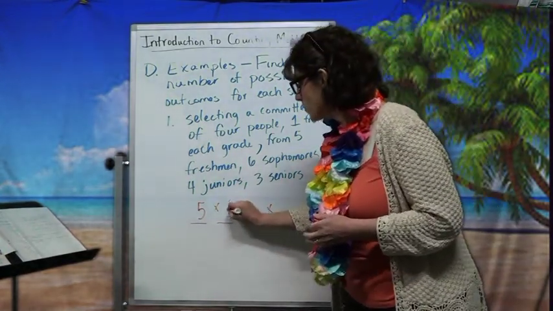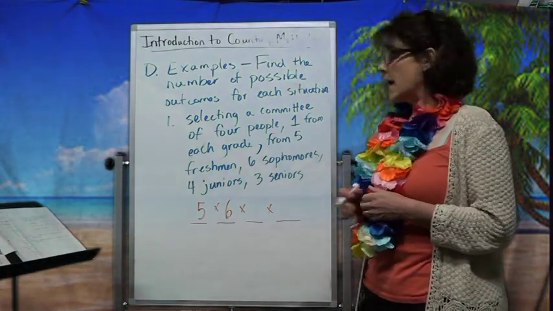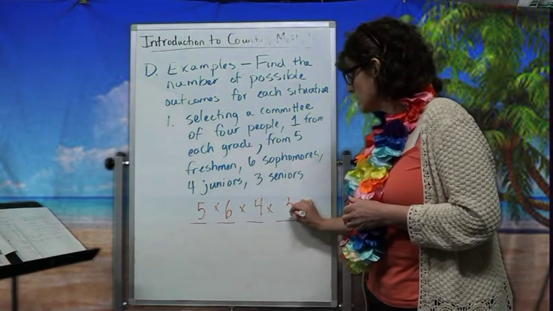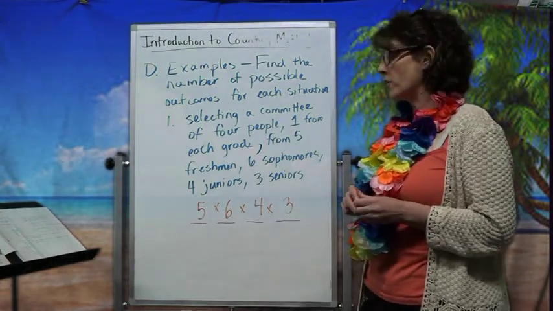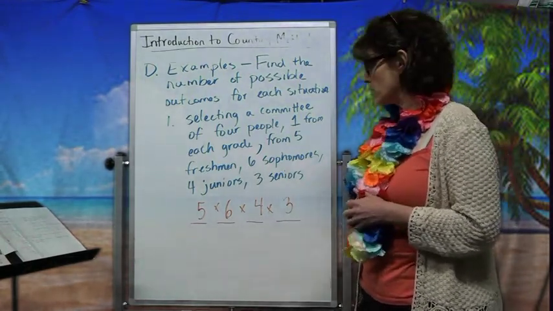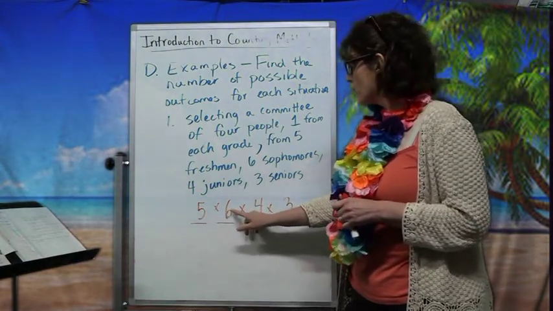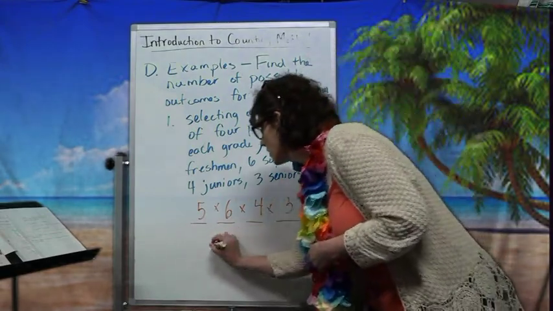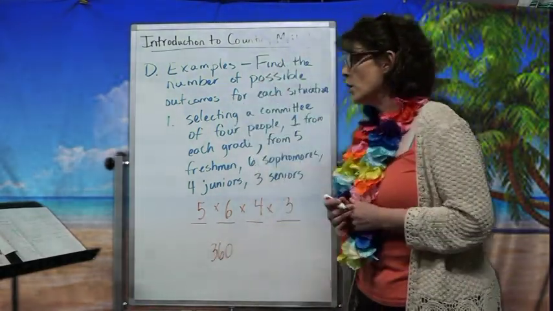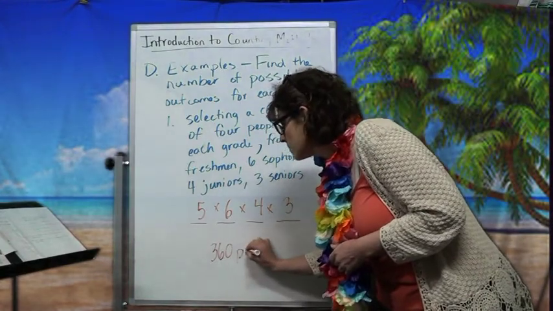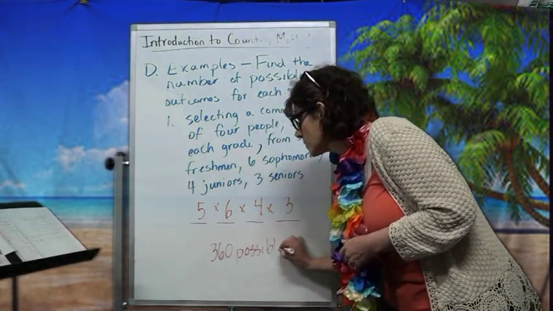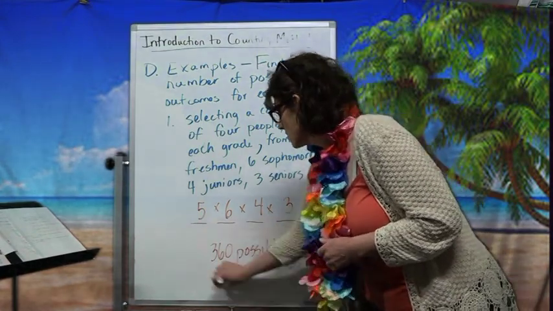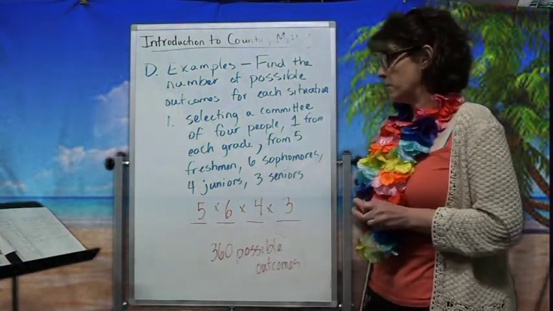I've got 6 sophomores to choose from. And in the next one with juniors, I've got 4 juniors to choose from. And with my seniors, I've got 3 seniors to choose from. And I'm going to multiply all these together. 5 times 6 is 30. 30 times 4 is 120, and 120 times 3 gives me 360. So I have 360 possible outcomes for arranging these students on my committee of 4 people.